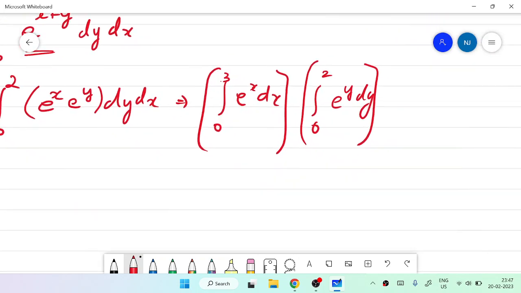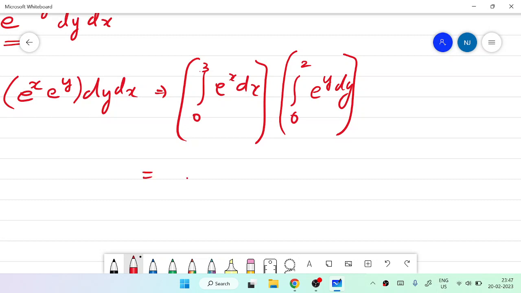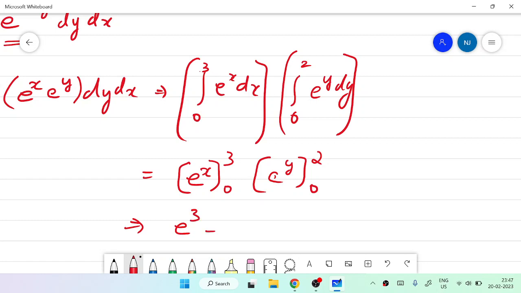So if you integrate e power x, again you are going to get e power x. The lower limit is 0, the upper limit is 3. Then if you integrate e power y dy, you'll get e power y, the lower limit is 0, upper limit is 2. If you substitute, you will get e power 3 minus e power 0, into e power 2 minus e power 0.